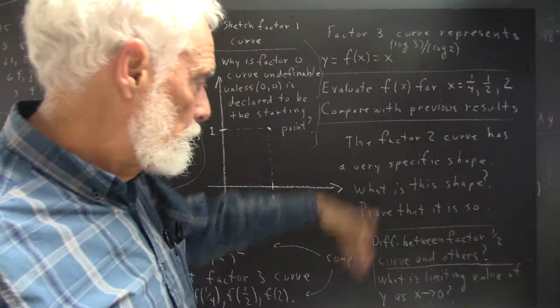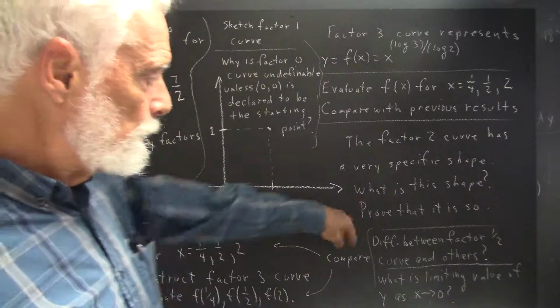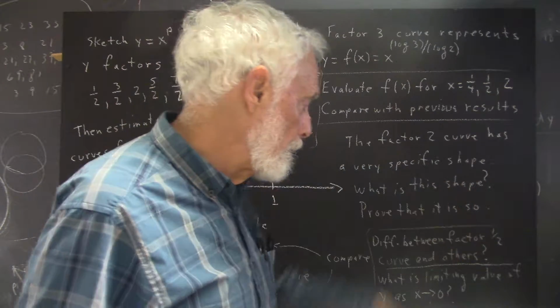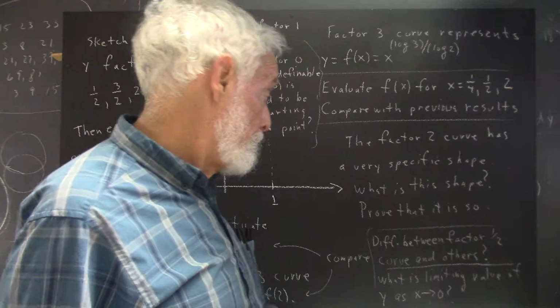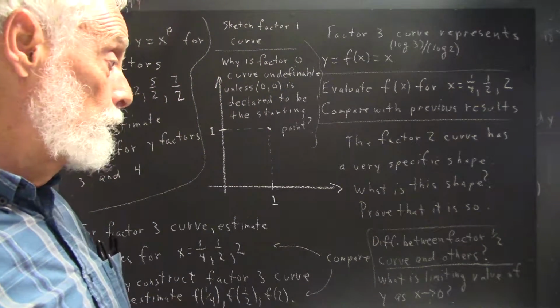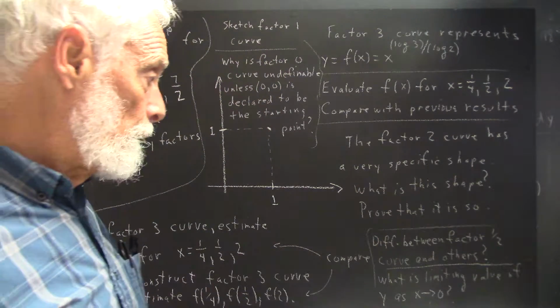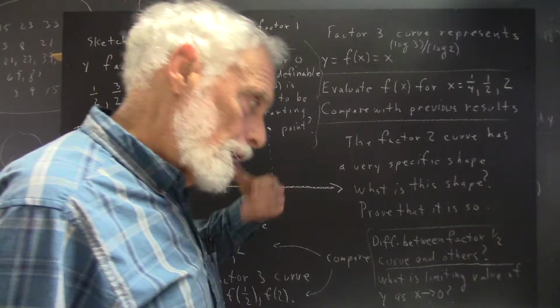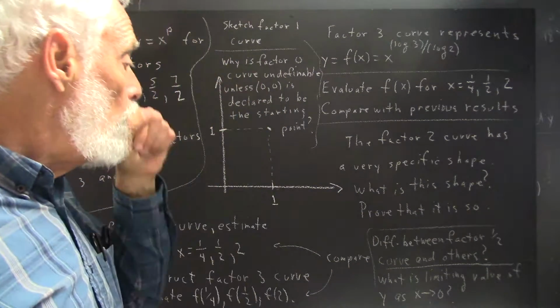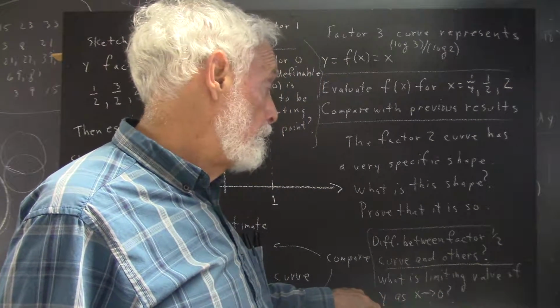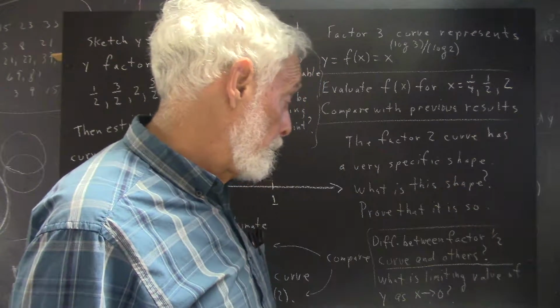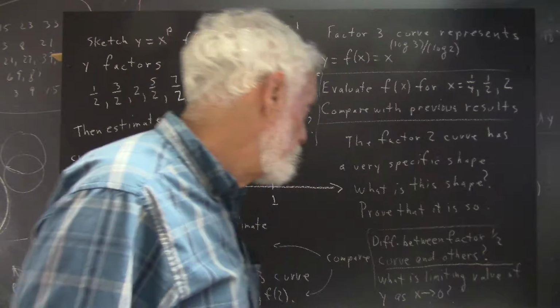Another question. There's a difference between the factor 1/2 curve and the others. My question is, what is that difference? What's the difference between the factor 1/2 curve and the others? Something you can say about that curve that doesn't apply to any of the others. Then, what's the limiting value of y for this factor 1/2 curve as x approaches 0?